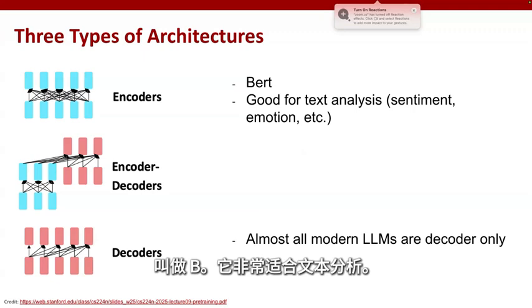It's great for text analysis, if you're doing any sentiment analysis or emotion analysis, that kind of stuff. BERT is usually a pretty good model to start with. And for the decoder-only model, I think almost all large language models right now are decoder-only. And I don't think there are any modern models that use an encoder-decoder design right now.